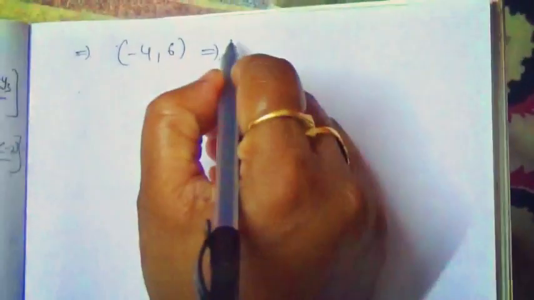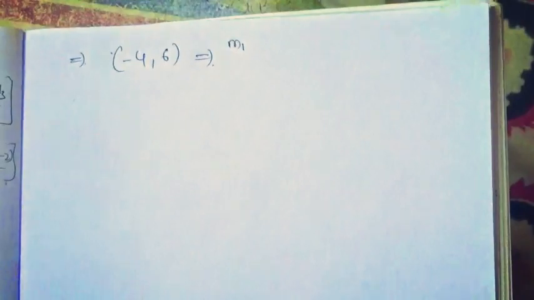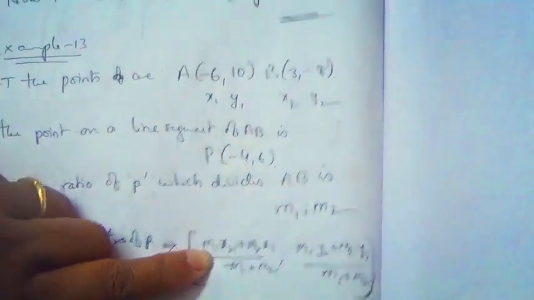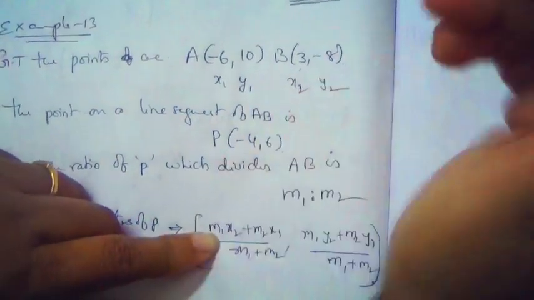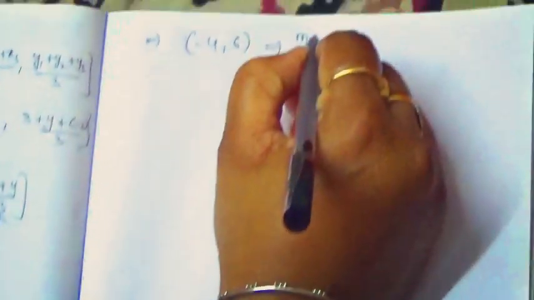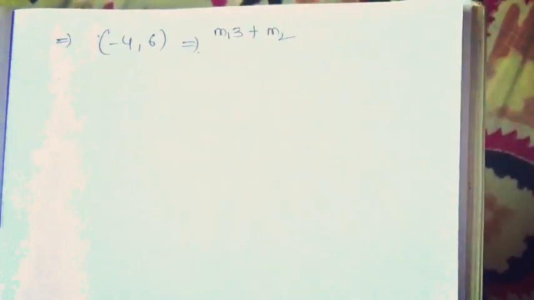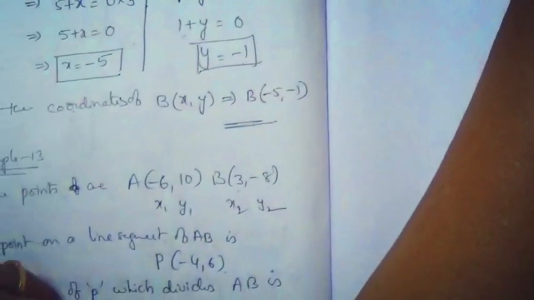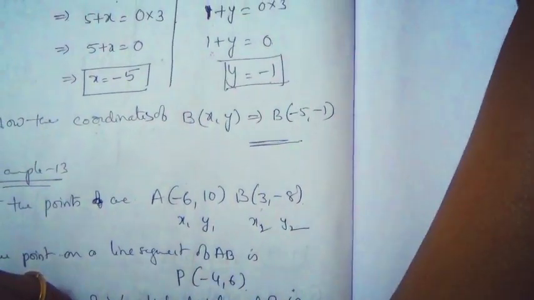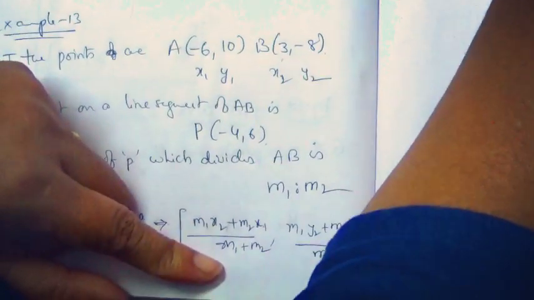So the next one, m1 we don't know, x2 is 3, so m1 x2 is 3m1, plus m2, we don't know, x1 is minus 6, by m1 plus m2.